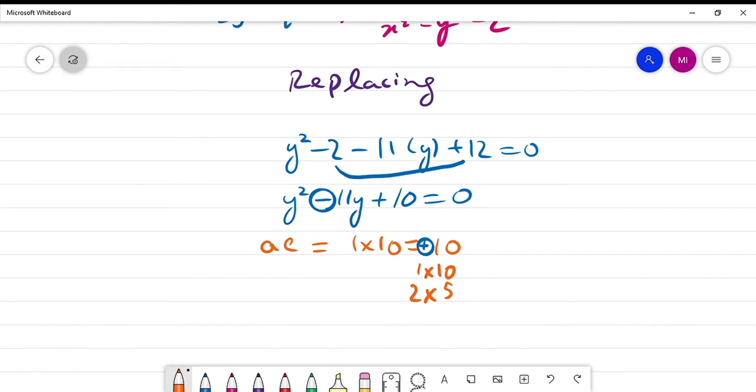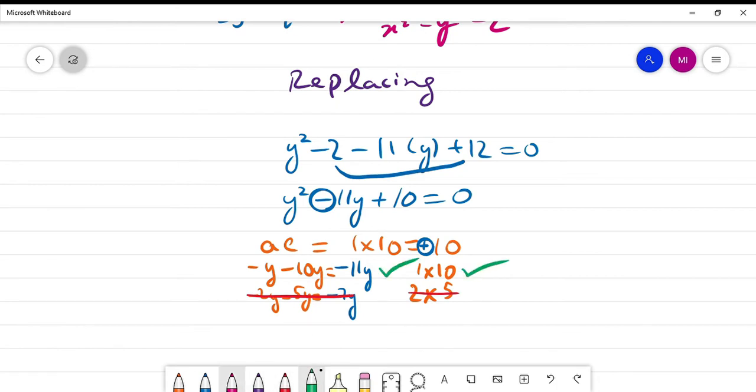So either negative y minus 10y or negative 2y minus 5y. So negative 11y and negative 7y. And since we can't use negative 7y and we can use negative 11y, we can factorize this equation.